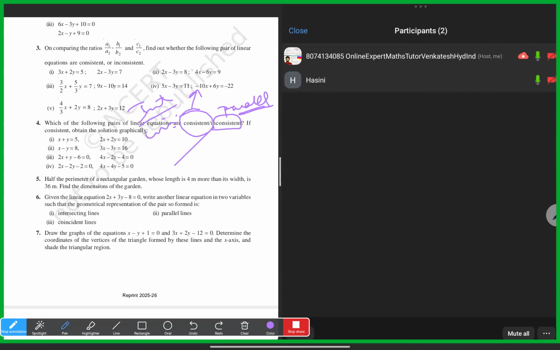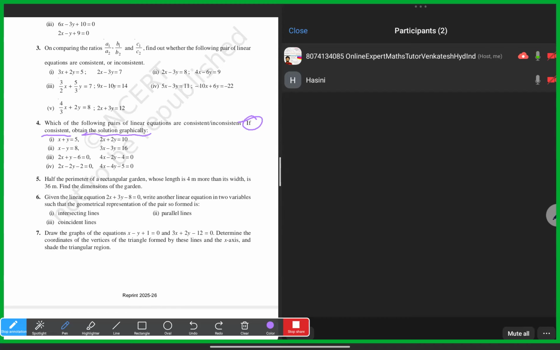Now the question is, Hasni, after checking the same way which we did in the third question, if consistent, then only obtain the solution graphically. From the graph, we need to find the solution.